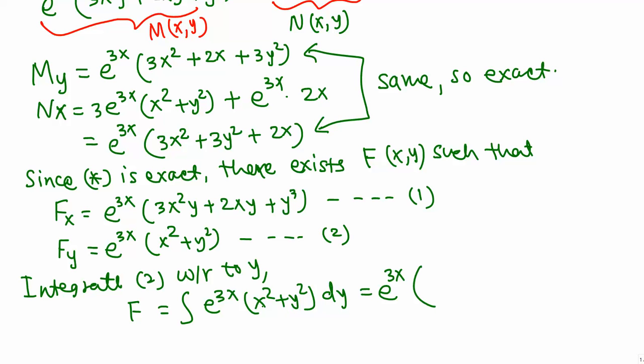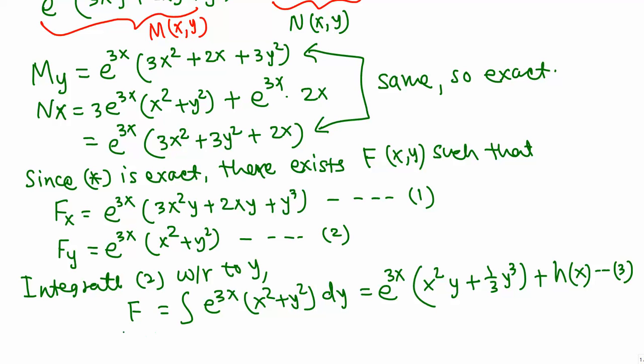Now the antiderivative of x squared is also constant, so x squared times 1, and the antiderivative of 1 is just y, plus the antiderivative of y squared, which is 1/3 y cubed, plus some constant of integration. Since x is like a constant, we can have a function of x, so h(x). Let's say this is 3.